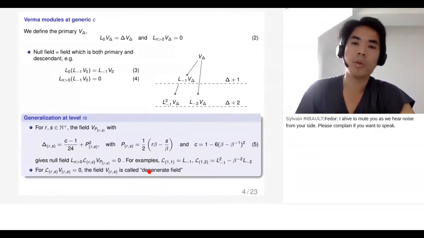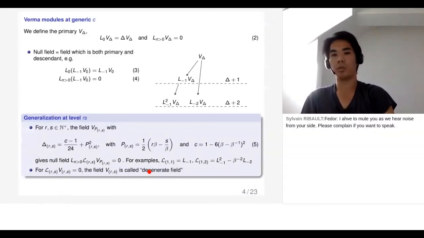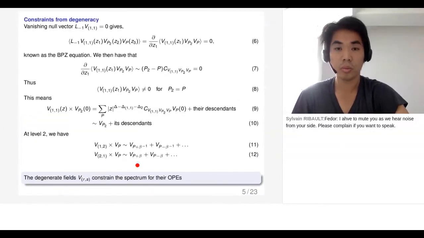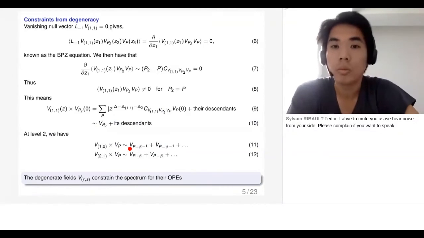So whenever the two-point function vanishes, they are null fields. But how do you know that higher-point functions will also vanish? On the next page, you proceeded to compute the three-point function, and you assumed that the three-point function of the null field will also vanish. How do you know that?